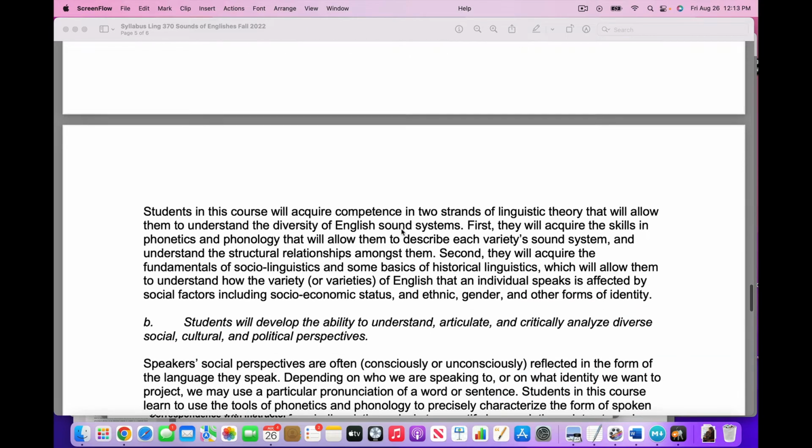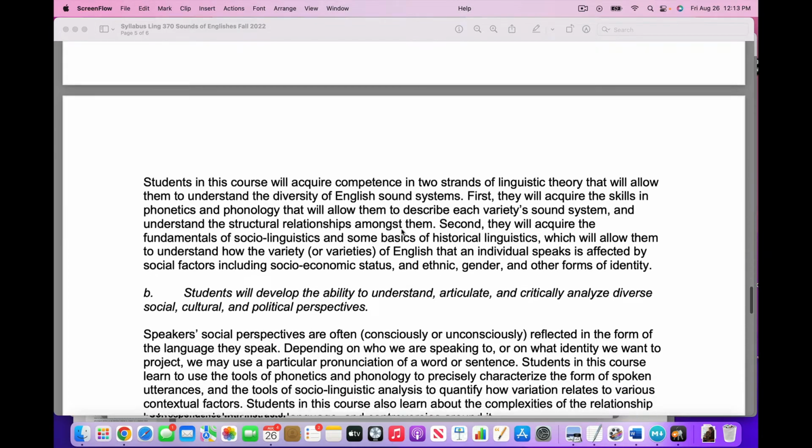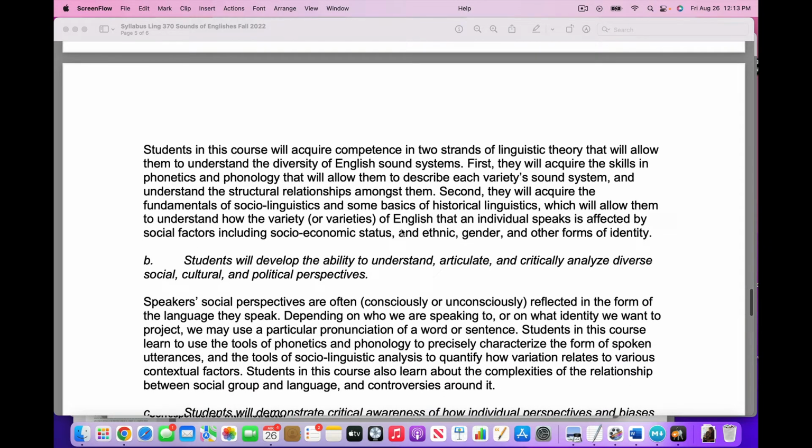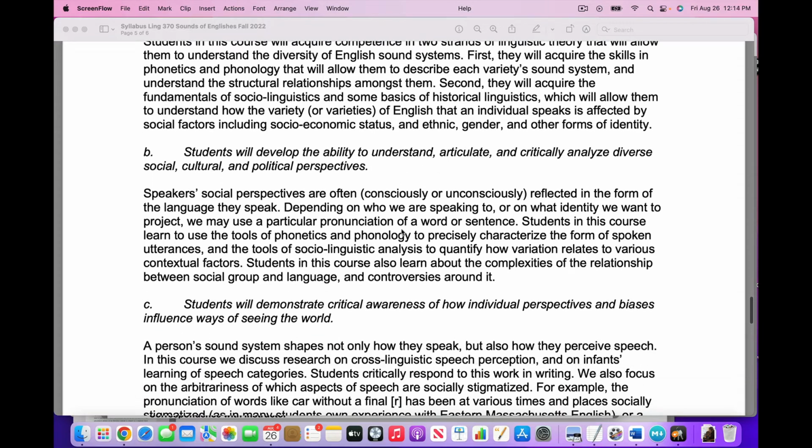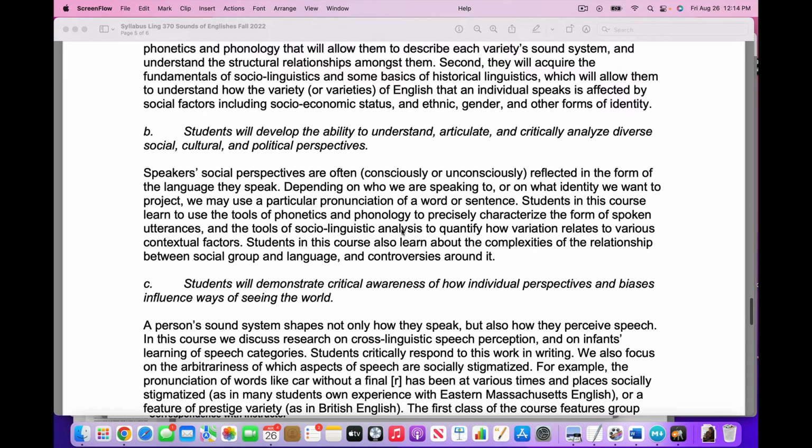You're going to learn about 2 different strands of linguistic theory: phonetics and phonology and sociolinguistics, as well as some historical linguistics. This study will allow you to, as the requirement says, understand, articulate, and critique.